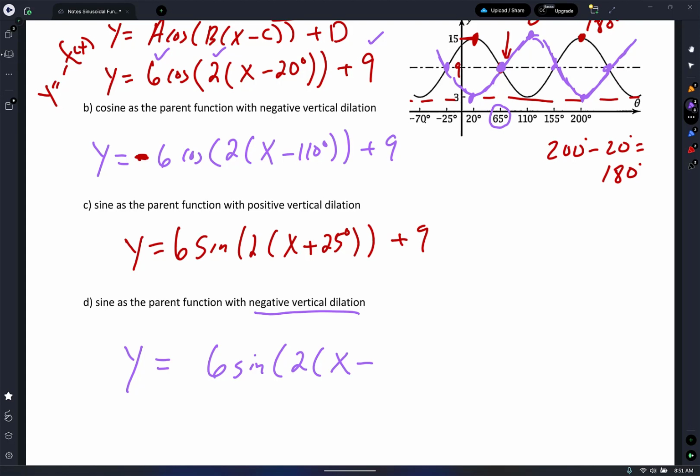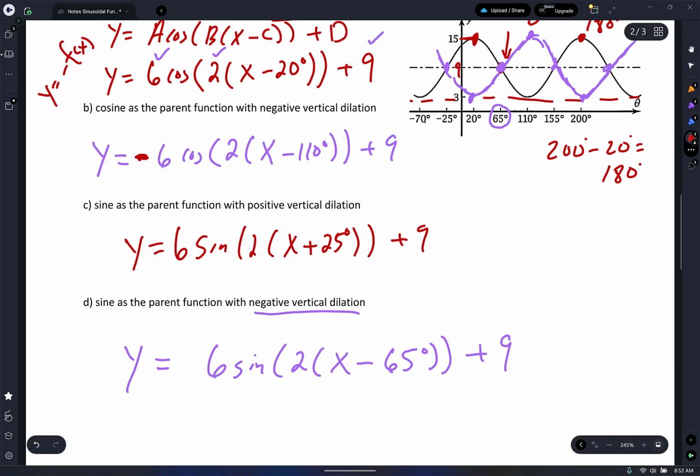What's my shift? Say it out loud and proud. 65. Close it, plus 9. Now that's a light purple expression. Do I want the light purple expression? No. I want to have a negative in the front of that 6. So that purple expression will turn to that black curve if I put what in the front? Negative. How do we feel?